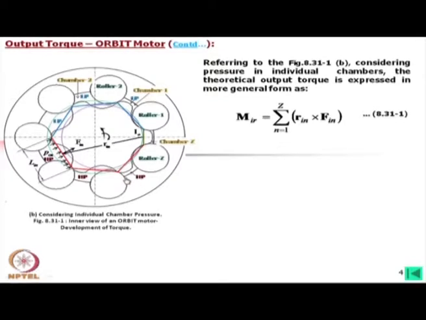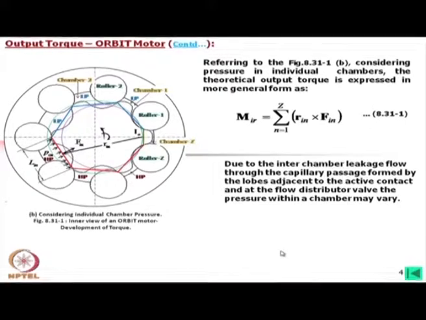In that case, if we consider such a pressure distribution mapping, then we can accurately calculate the load and the distance from that load to this instantaneous center of rotation, and this will give us a more accurate torque. That is the purpose of considering the pressure distribution in that way.